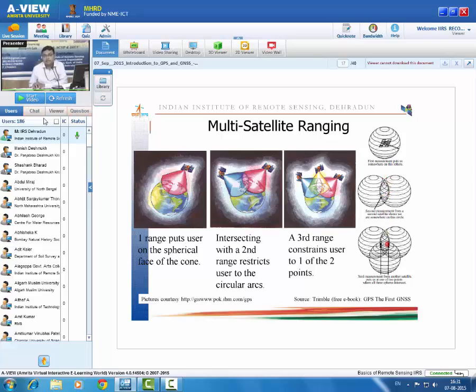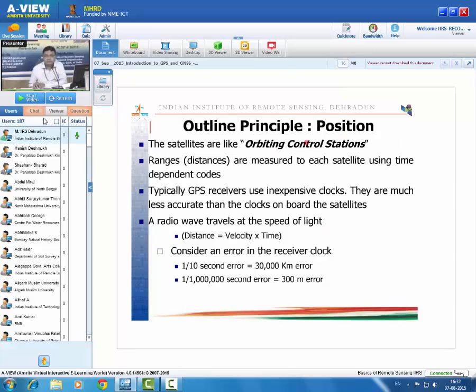And when the third satellite, that is the third sphere, also intersects, it results finally in 2 points. So we know that on these 2 points the receiver is there. Out of these 2 points, one point is the real point on the earth, as you can see on this colored diagram, and the other point is a vague solution which is actually outside the earth. So that is how three satellites can give us the position. Although there is a reason why we need a fourth also, that we will discuss further.